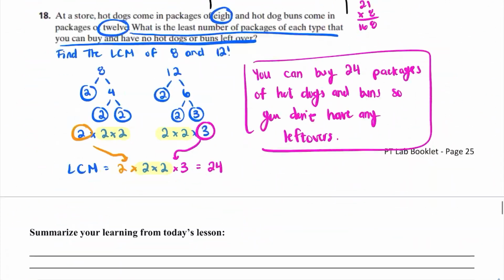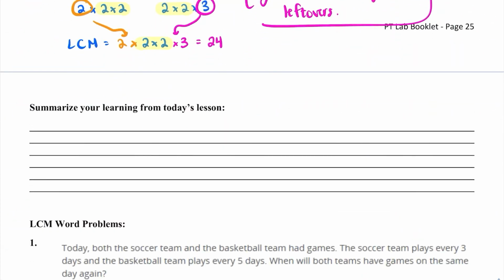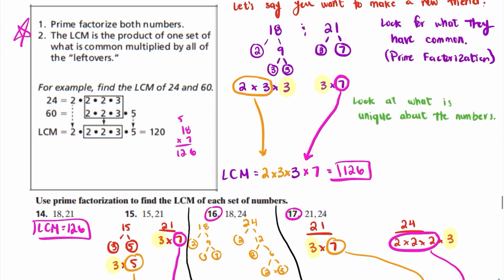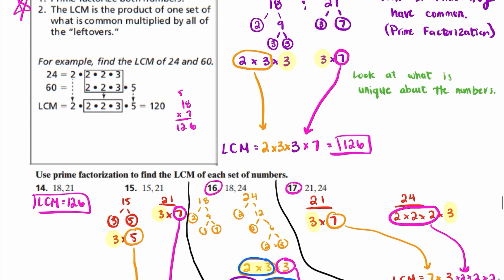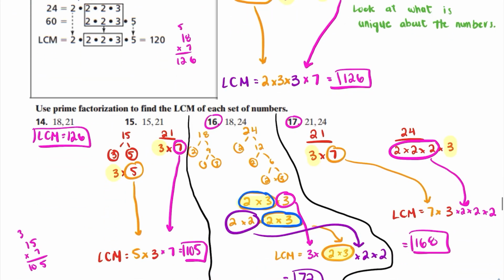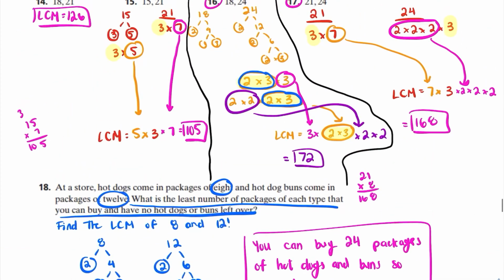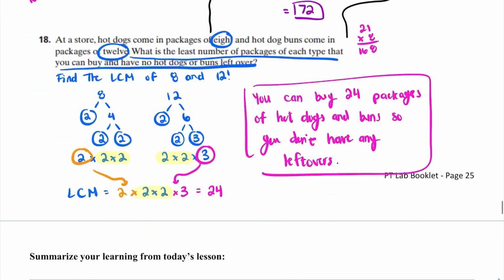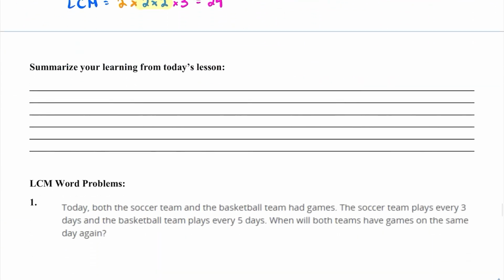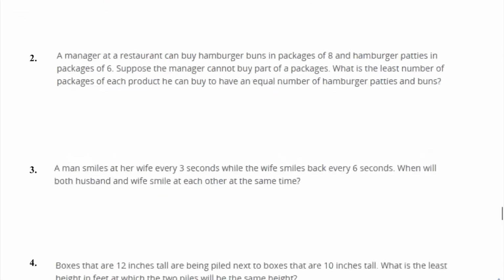So this method may not always be the best to do. It's very time consuming. So that's why we went over how to use prime factorization here. How do we use this to our advantage? Okay, so I'm giving you options here, but you do have to learn how to use your prime factorization, okay?